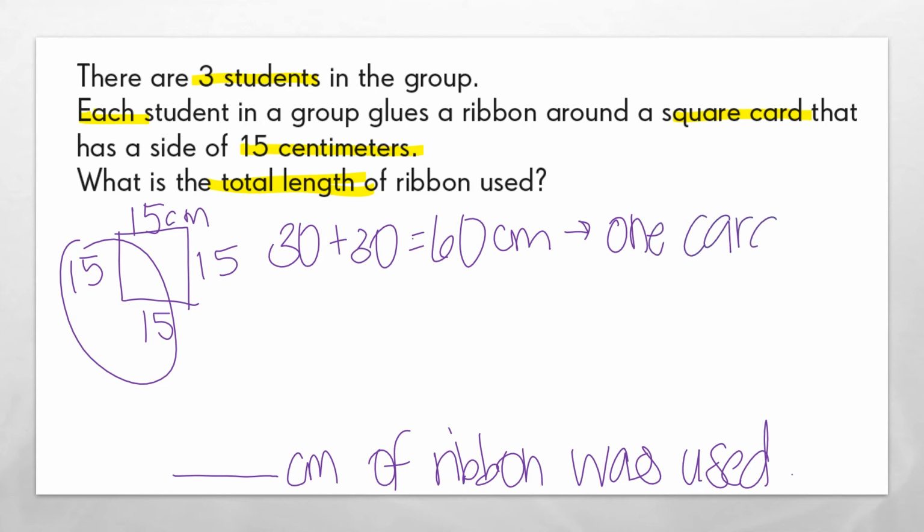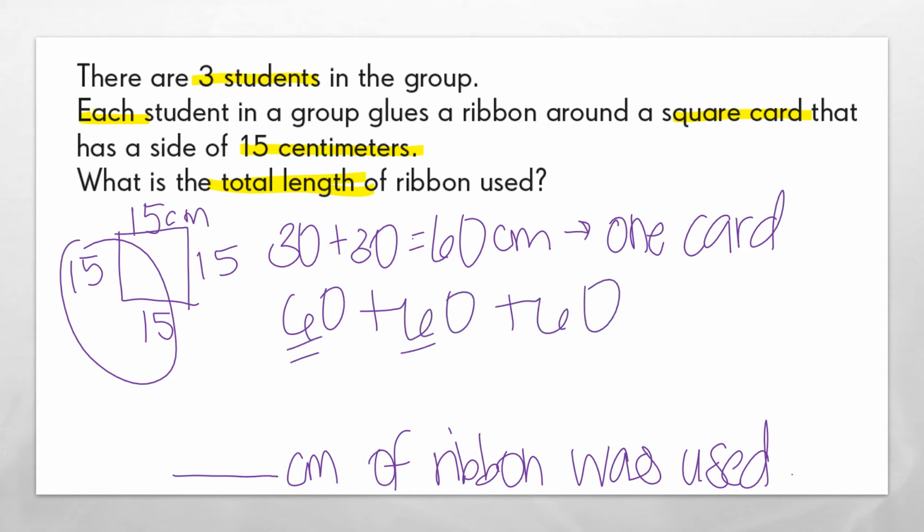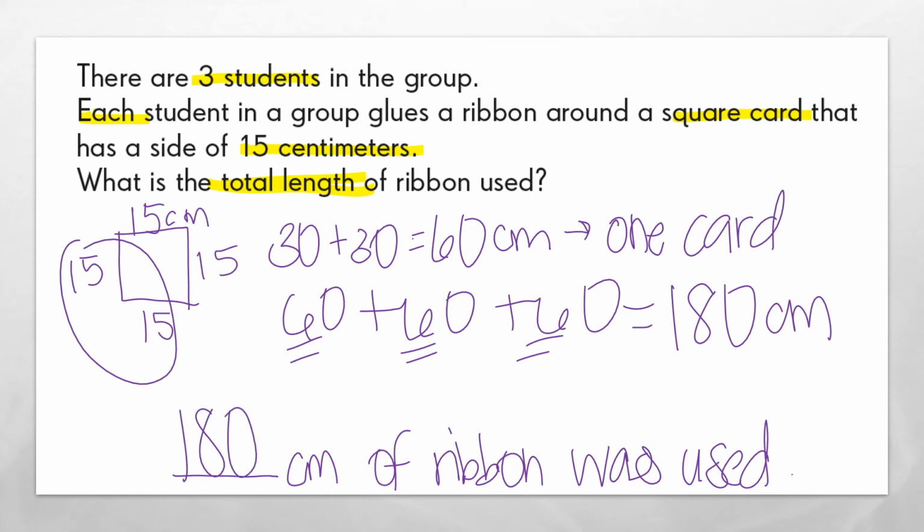But that happens 3 times. So we would have 60 plus 60 plus 60. You could think of it as 6 tens plus 6 tens plus 6 tens. So the two 6 tens together would be 12 tens plus 6 more tens is 18 tens, also 180 centimeters. So 180 centimeters of ribbon was used in all.